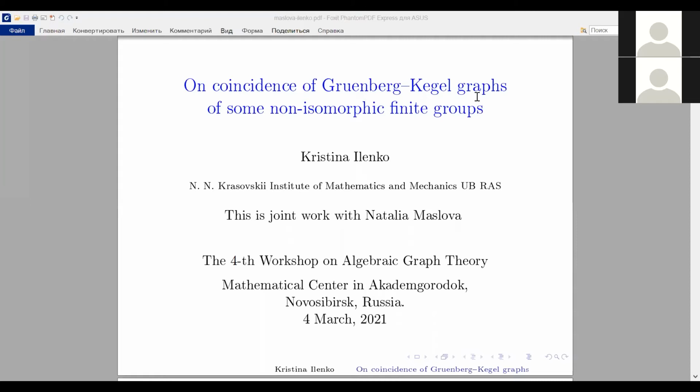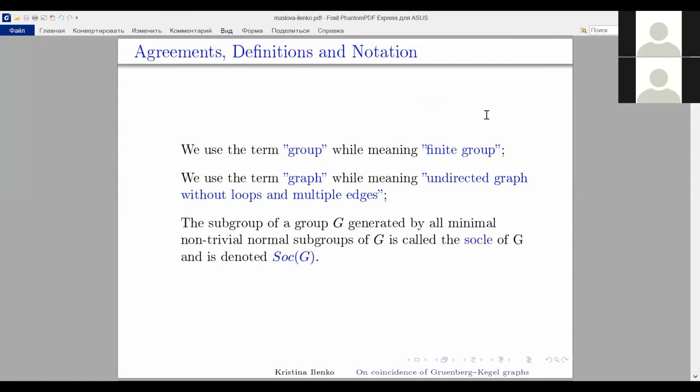So let's start. In our research, we used standard definitions and notation. We use the term group while meaning finite group. We use the term graph while meaning undirected graph without loops and multiple edges.